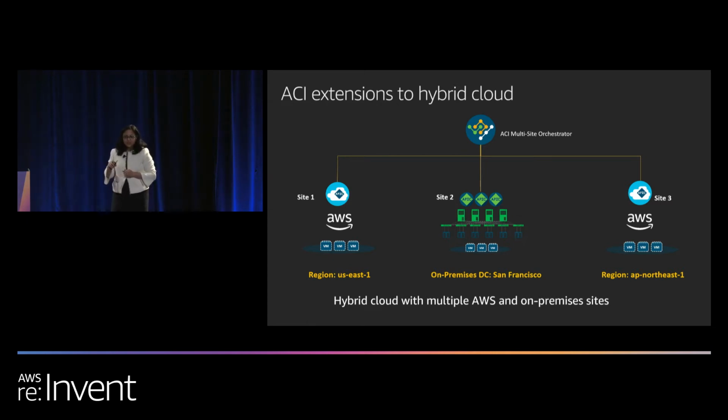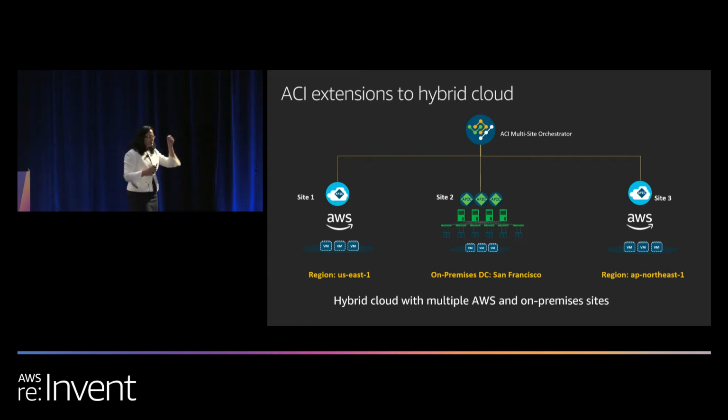solution. We have the Cisco Multisite Orchestrator, which is a policy orchestrator. And this orchestrator we have enabled for on-prem data centers since a while now. The same orchestration policy, or the orchestration model, we are carrying into the cloud world. So the Multisite Orchestrator acts as a single source of truth for your organization-wide policies.